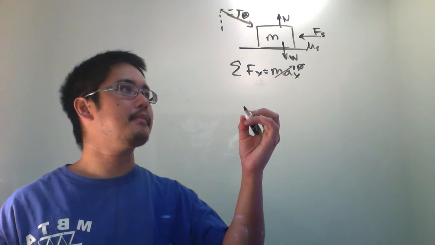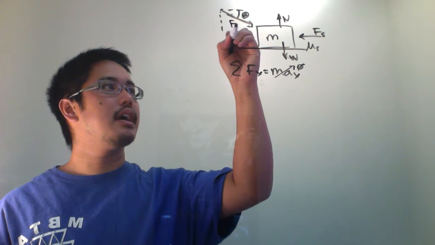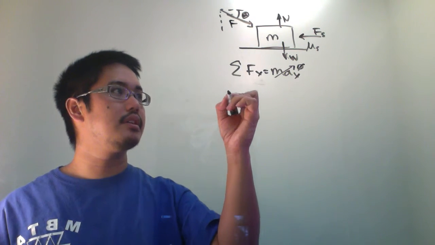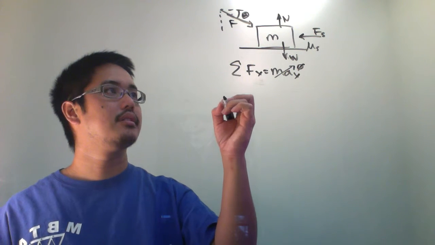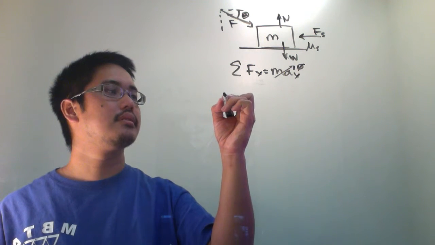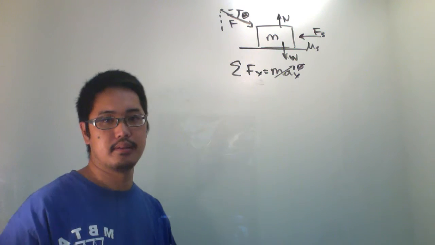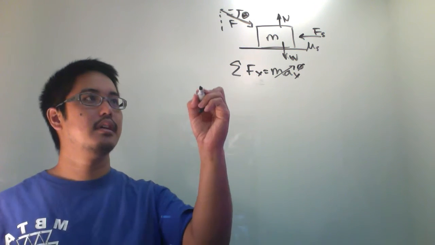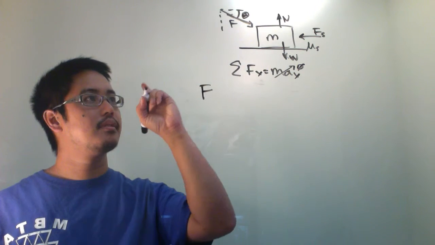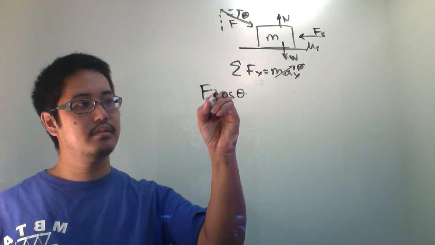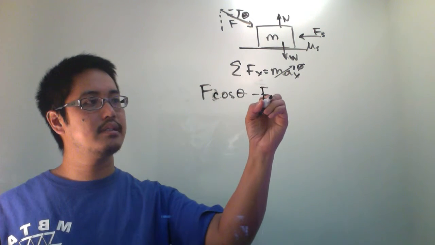All right. I'm going to call this F. Let's get all the forces in the x direction. What forces do you see? F cosine theta, and Fs. F cosine theta minus Fs equals 0.